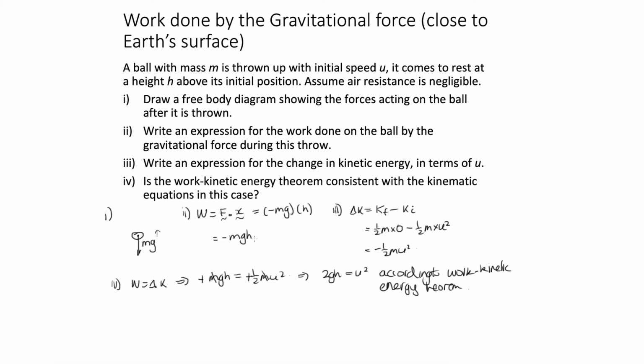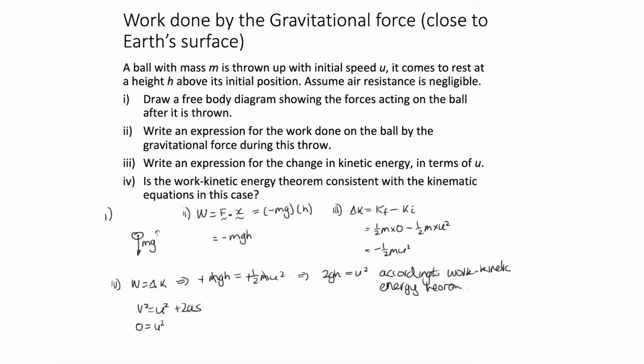Okay, so we want to know, is this consistent with the kinematic equations? So the kinematic equation which will be most relevant is v squared equals u squared plus 2as. I chose this one because it's got a displacement, and we're told about the displacement, the height, and it's also got the initial and final speeds, and we're also told about the initial and final speeds. So in this case, we've got that the final speed is 0, the initial speed is u.